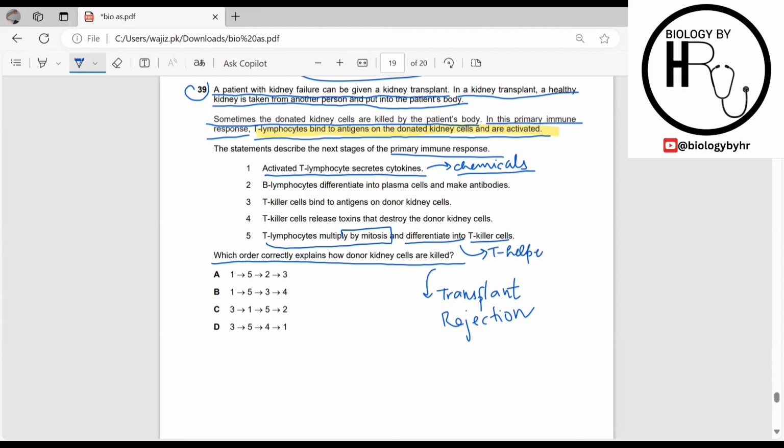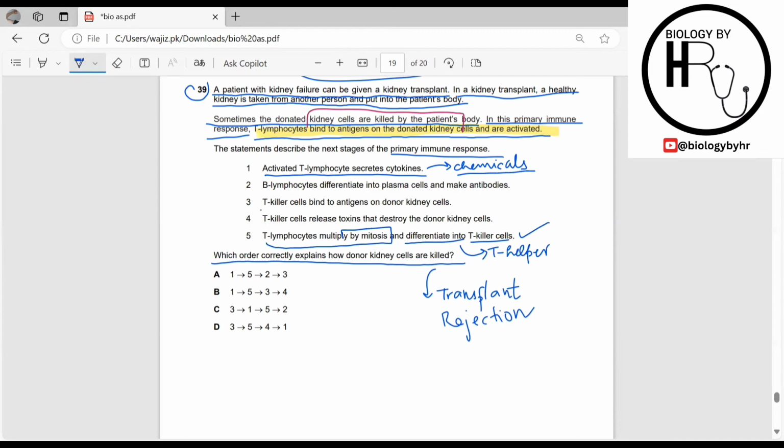Over here, as the rejection is happening and the cells are being killed, the T killer cells are being produced. Then what will happen after the differentiation of the T lymphocyte cells into the T killer cells?